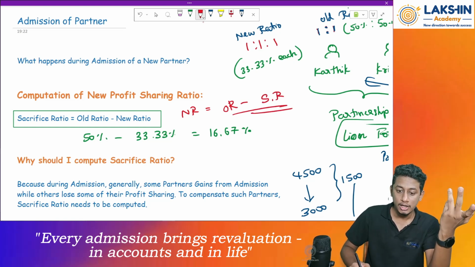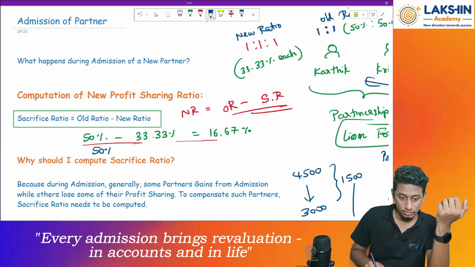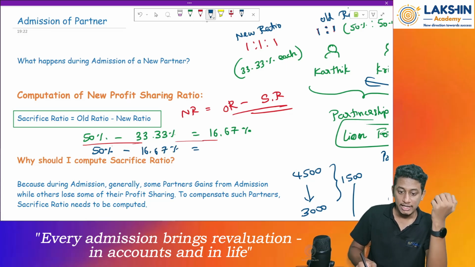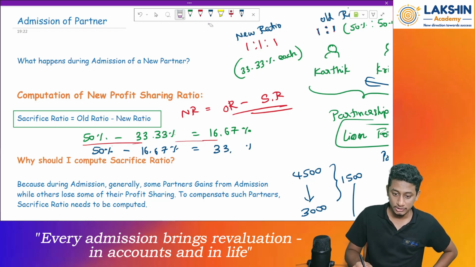Let me write it down: old ratio minus sacrifice ratio is equal to my new ratio. Got it? How to find it out? 33.33.